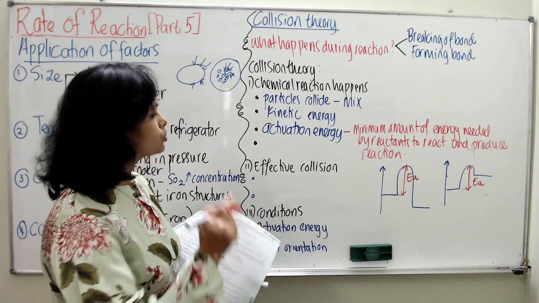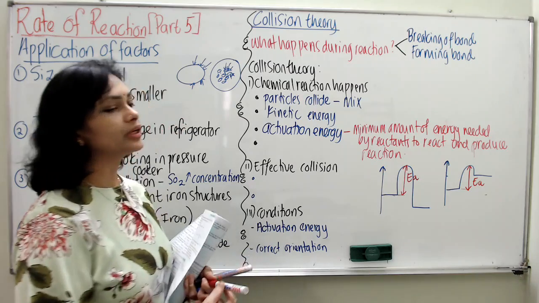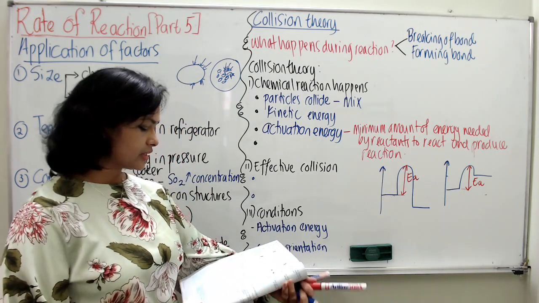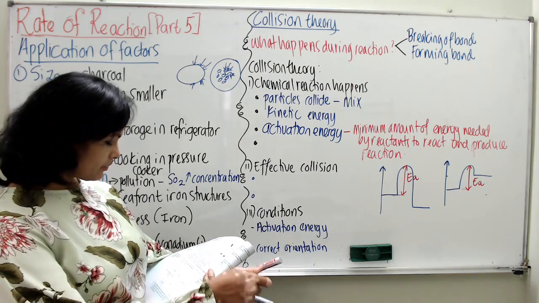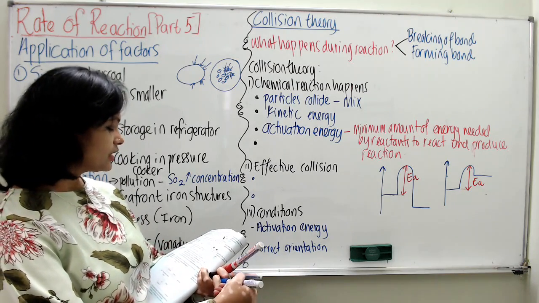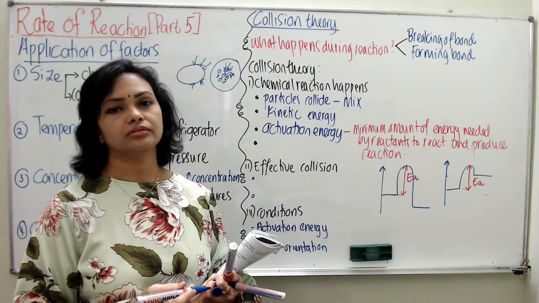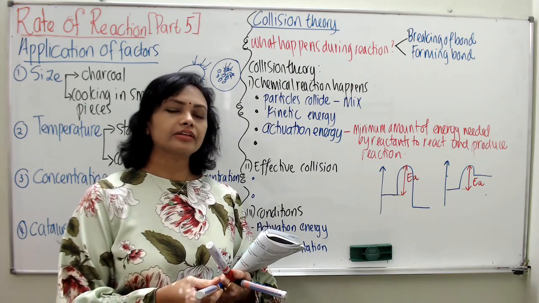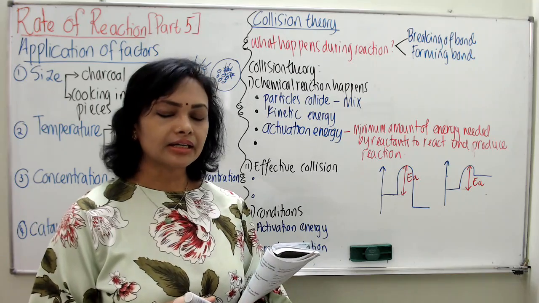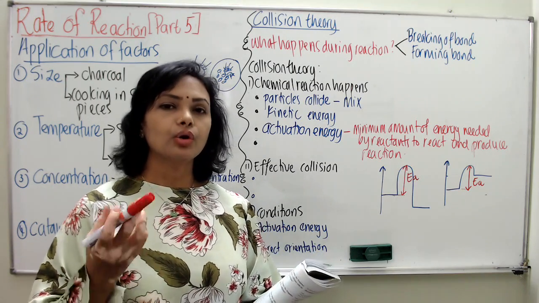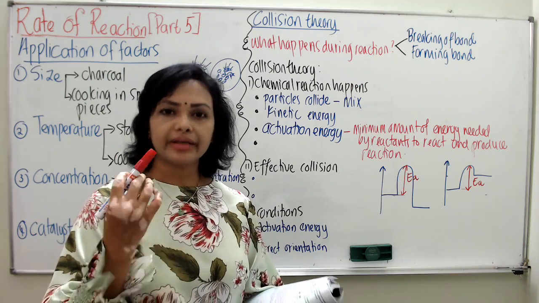Alright, now let's go to what is the effective collision. Effective collision is a collision amongst the particles or the reactants which can guarantee a reaction.